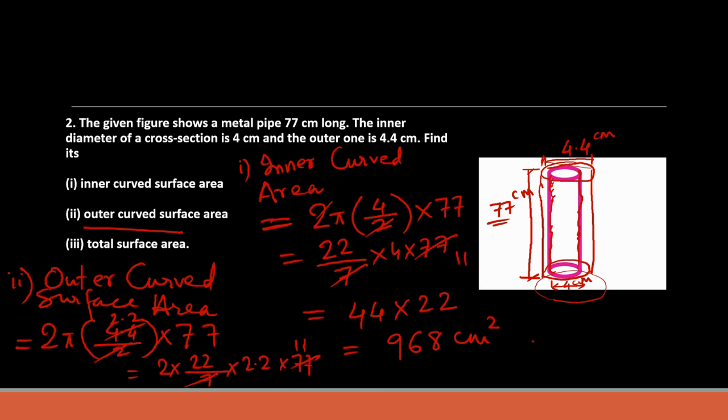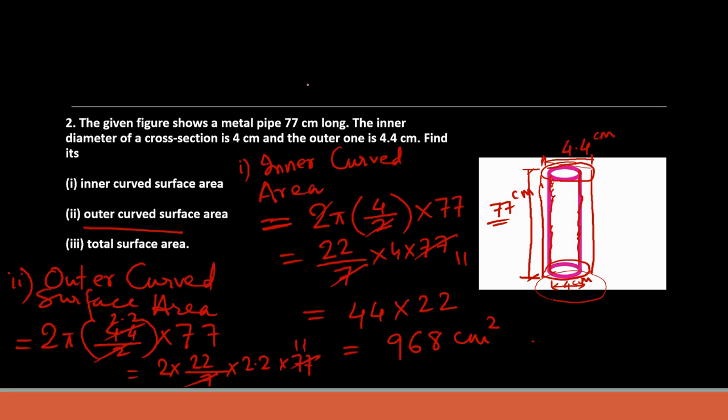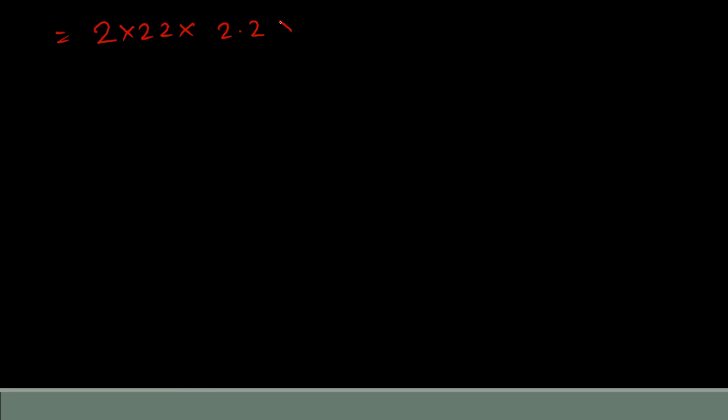And let's move to the next page. So we have 2 times 22 times 2.2 times 11. Okay. So this we can write as 2 times 22 square divided by 10, right? 2.2 we can write as 22 divided by 10. So 22 times 22, 22 square, times 11.